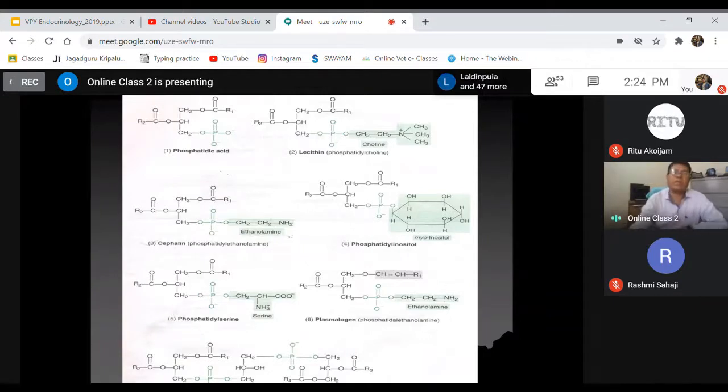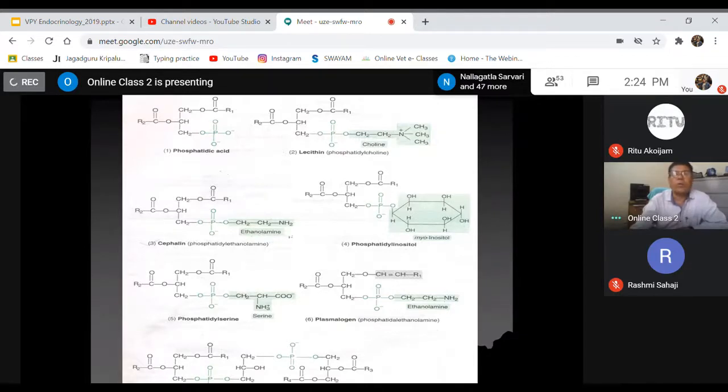Next, let's see structure number 2. Carbon number 1 and 2 are the same for all, so we are not going to discuss them again. Fatty acid 1 and fatty acid 2 are linked to carbon number 1 and 2 through the OH groups. You have carbon number 3 with the phosphoric acid. If no other group is attached, we call it a phosphatidic acid.